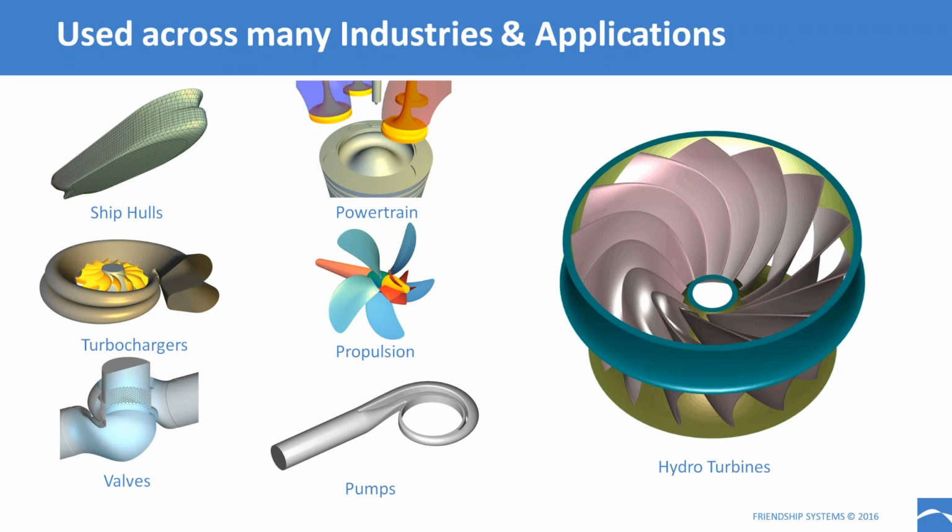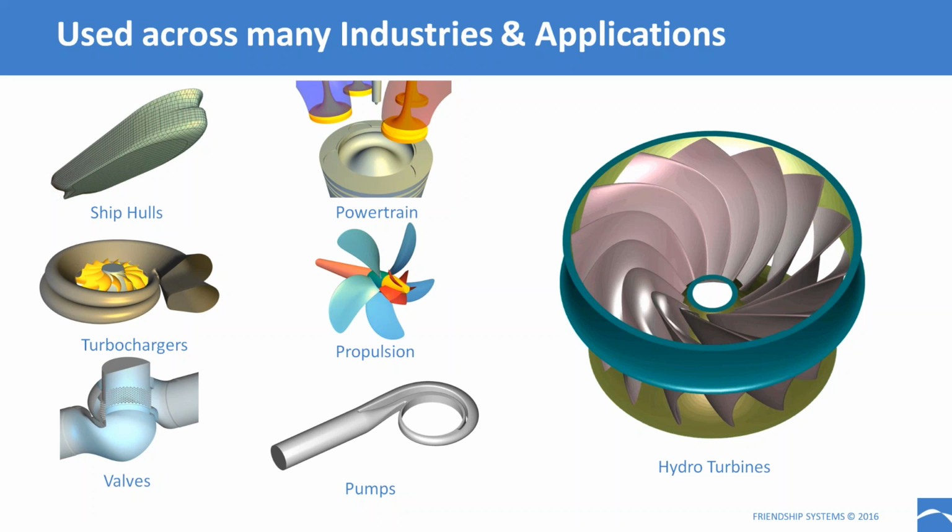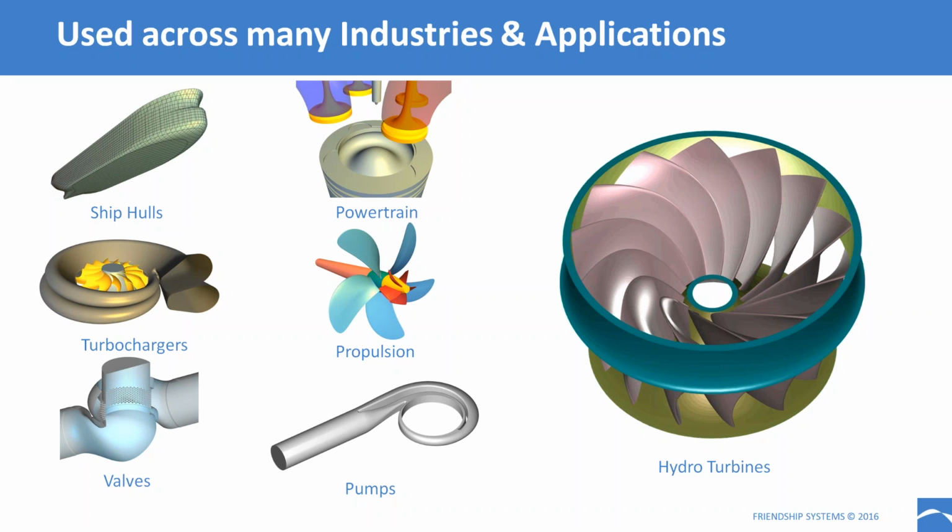CAESES is, as I said, used typically in all areas where we have geometries that are complex in shape and that are in some way in relationship with a flow. So in this slide, you can see some typical examples. There could be, for example, ship hulls or powertrain components like piston bowls or intake, exhaust ports, manifolds, things like that.